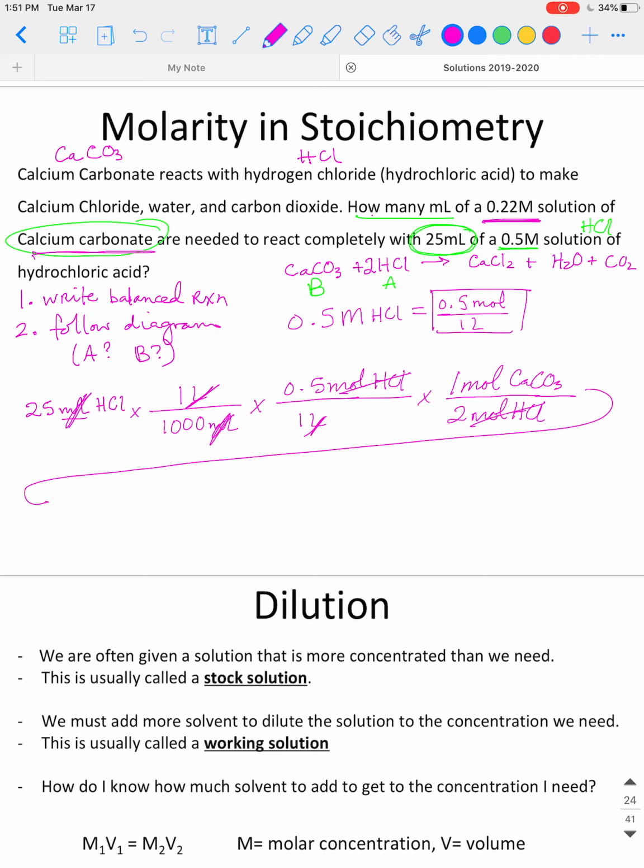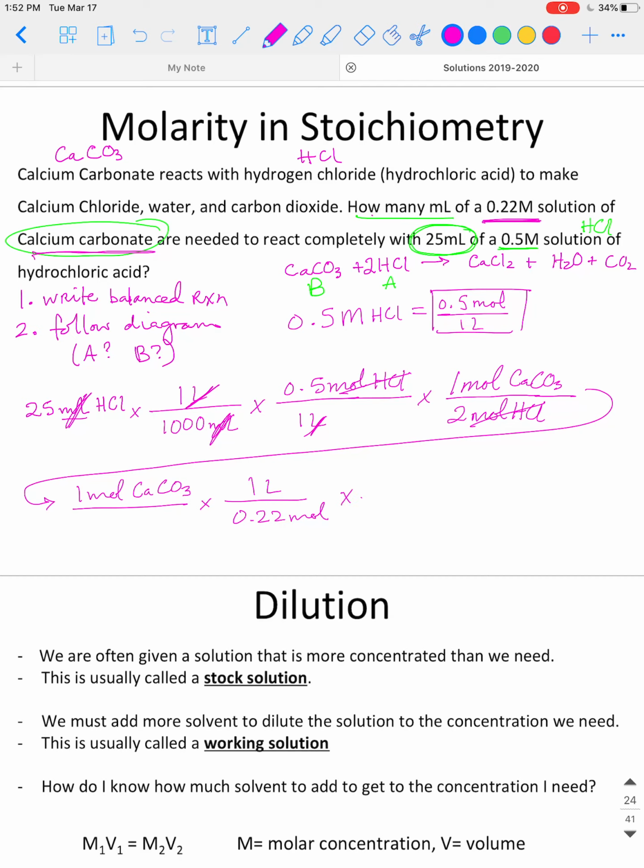So if we come down here, I have 1 mole of calcium carbonate on top, and we're just going to move forward. The molarity of calcium carbonate says that for every 0.22 moles, we get 1 liter of calcium carbonate.